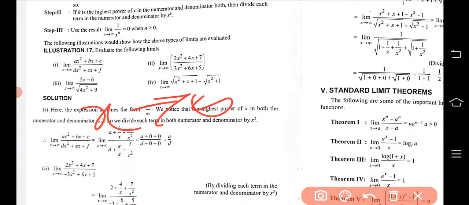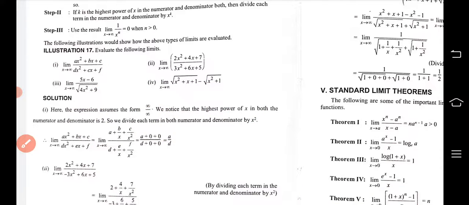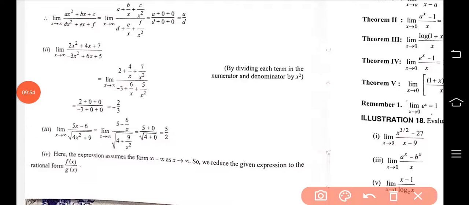Okay, so let's take another example so that it would be very clear for your understanding. Now let's come to the second example. Here you can see this function is given, and you have to find the limit where x tends to infinity of 2x square plus 4x plus 7 in the numerator, and in the denominator 3x square plus 6x plus 5.